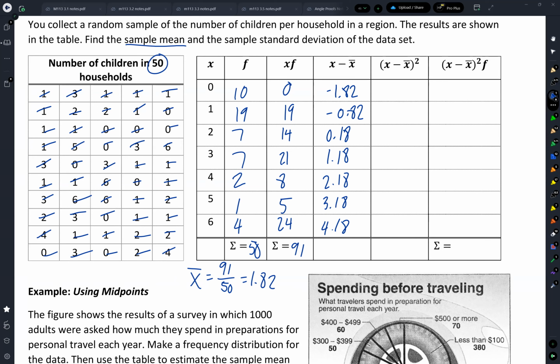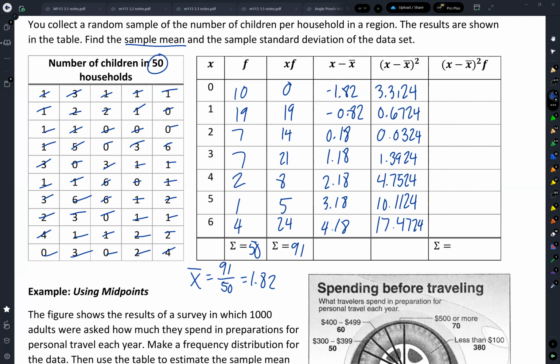So let's do that. 1.82 squared is 3.3124. Then 0.6724. Then 0.0324. Then 1.3924. Then 4.7524. Then 10.1124. And then 17.4724.